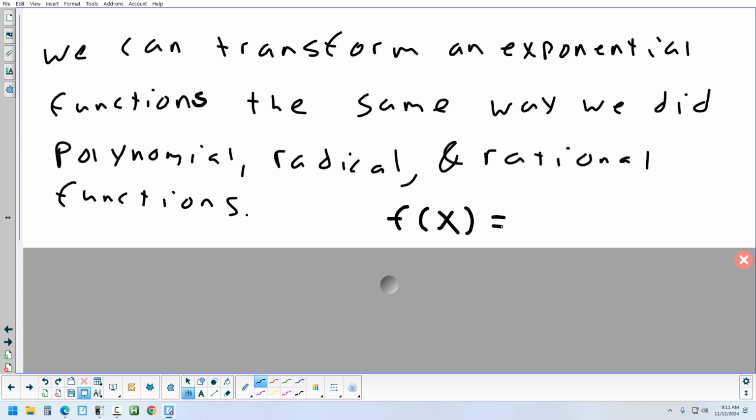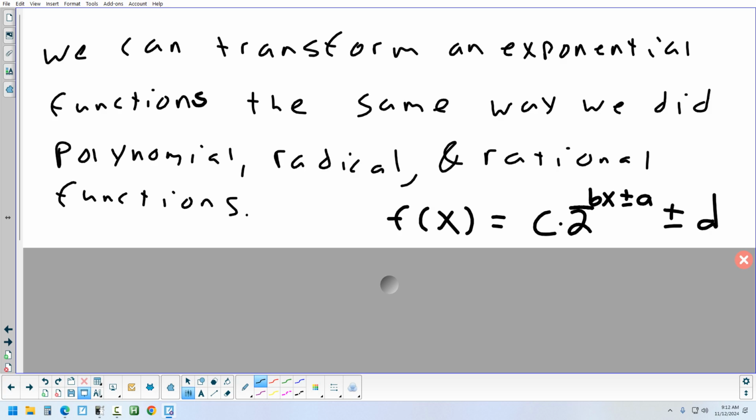All right, so let's say we had some kind of base, which I don't want to use A because that's one of the letters I use when I do transformations. I'll just pick a specific number, but understand this works for any number. So let's say 2 to the Bx plus or minus A, times C, plus or minus D.